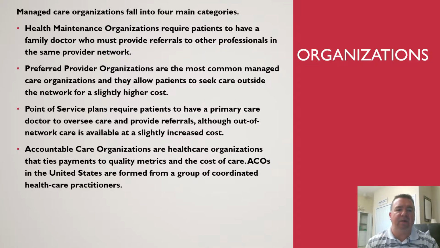An ACO is relatively new to the market. It benefits, for the most part, both the patient and the government as far as reimbursement, because everybody's working toward quality outcomes, reducing waste, and improving preventative care, things like that.